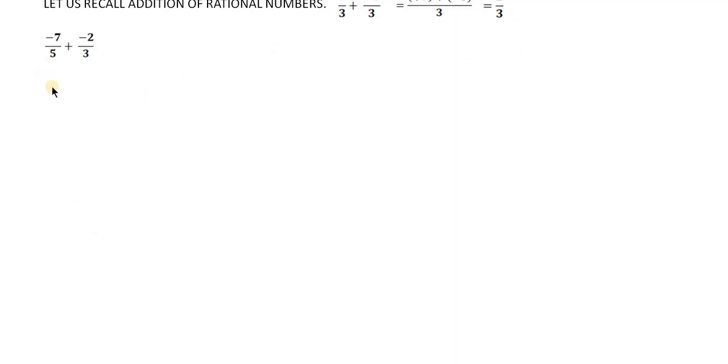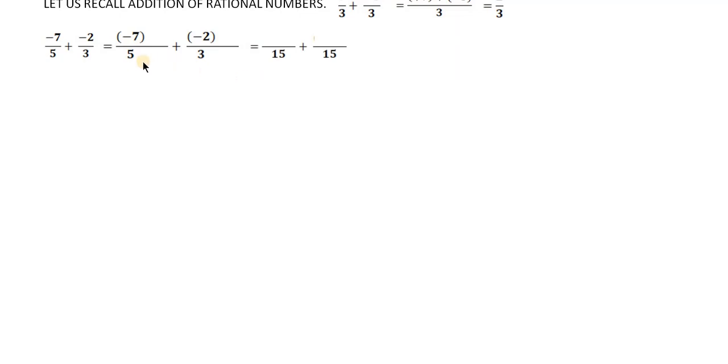Now we are taking two rational numbers. One is negative 7 by 5, the other one is negative 2 by 3. These two are added. On seeing this itself, you can say that these are unlike fractions. Unlike fractions means you will have to take the LCM and convert both fractions into equivalent like rational numbers. First you write this as it is. What is the LCM of 5 and 3? 15.